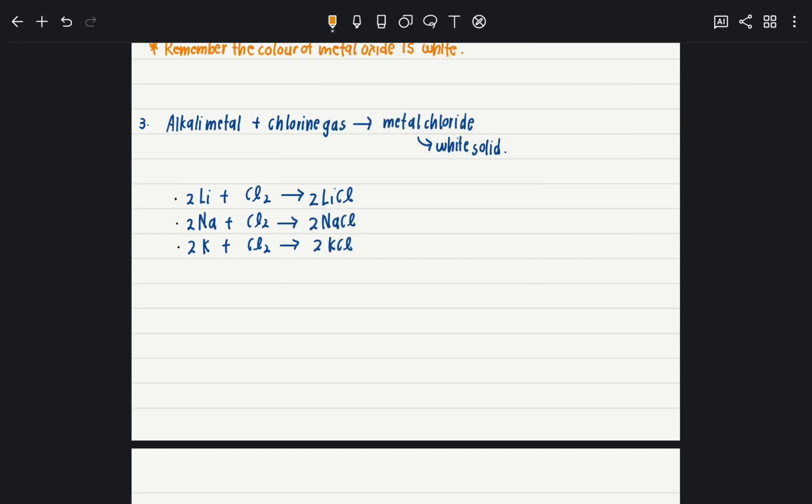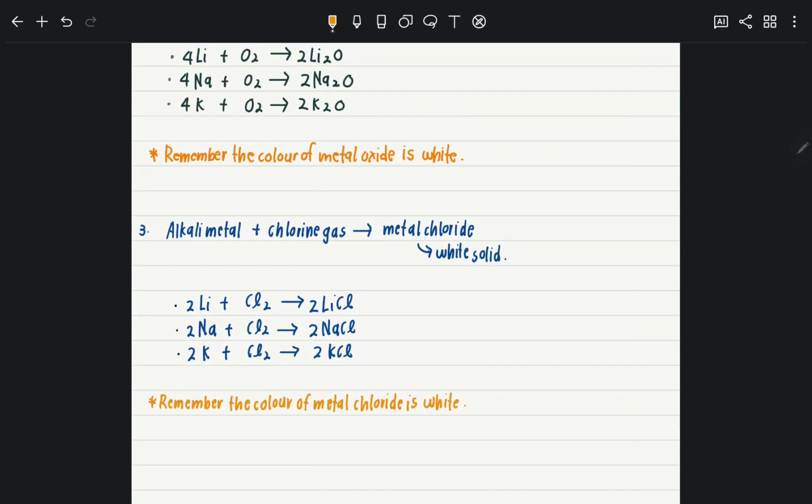I write it here as well. Remember, the color of metal chloride is white. So here I have made it very clear what everything looks like and what you should know. That is all for these first three reactions.